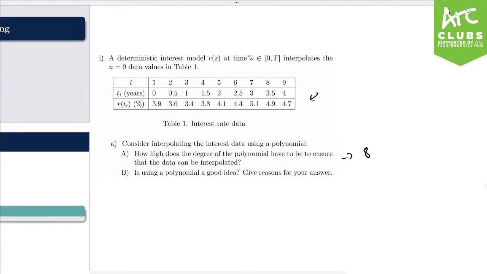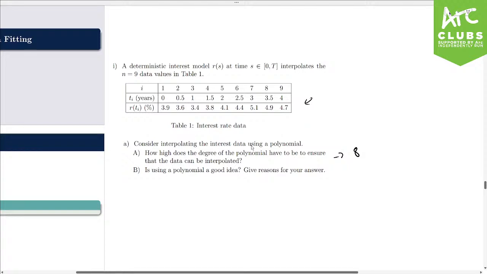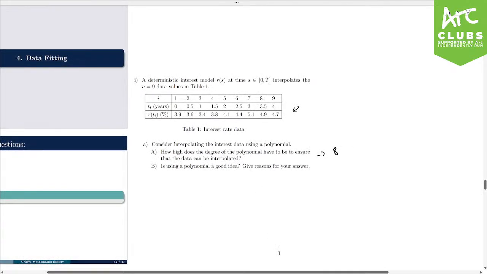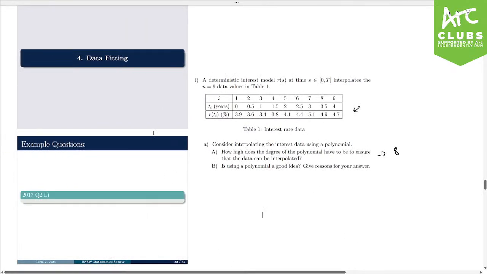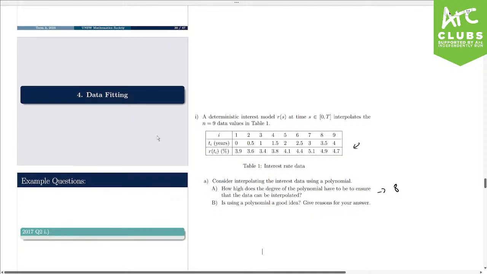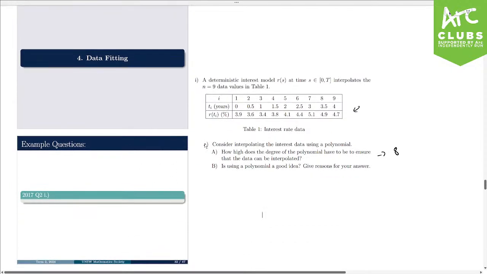So with a polynomial of such high degree, this is not a good idea. And a better choice will be a lower degree polynomial or a spline. So that's all I had for the data fitting.